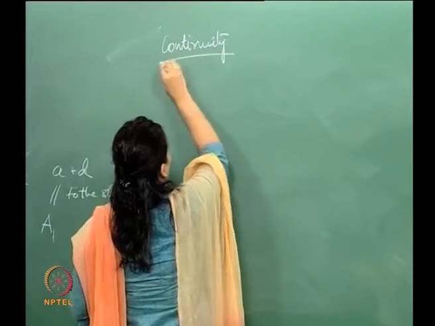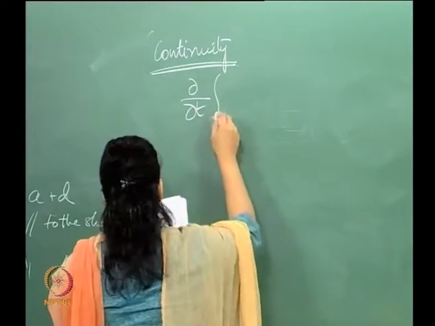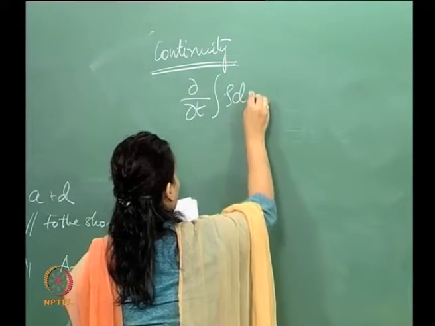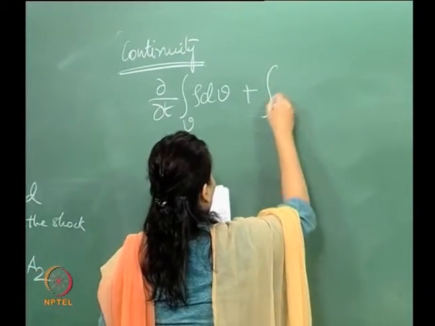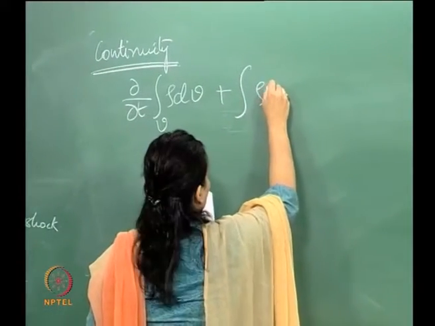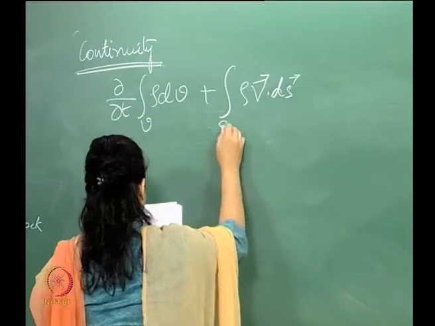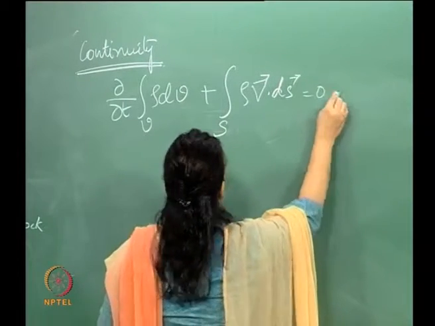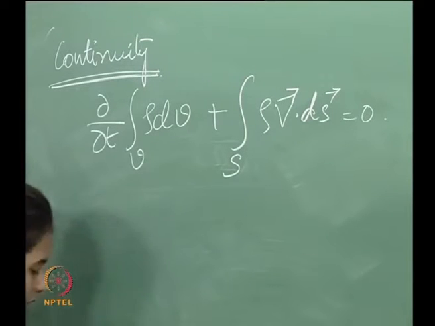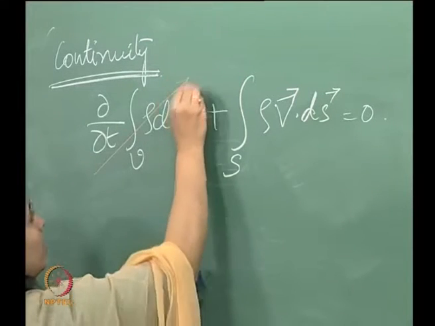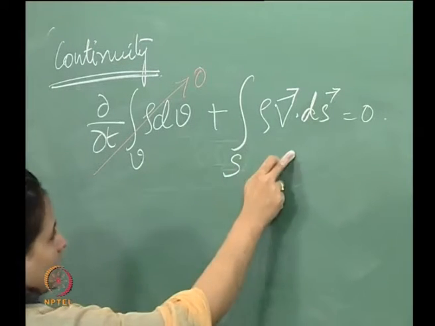Continuity is essentially this. So, this is basically the integral form of the equation. We will consider the steady form of the equation. So, what we get is this, right.